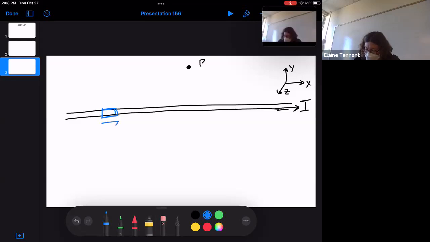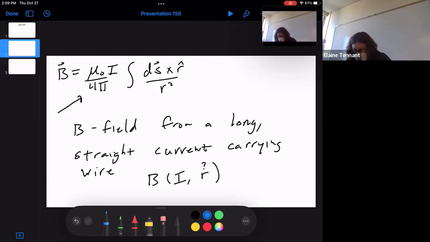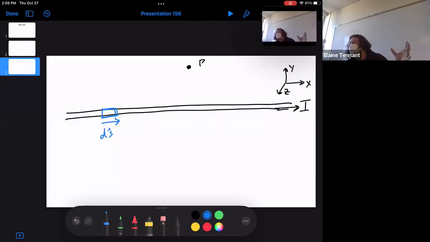We point it in the same direction that the current is going. Next thing we need to know is r. Now r goes from whichever little chunk of wire we're talking about to our point. So that's r right there.